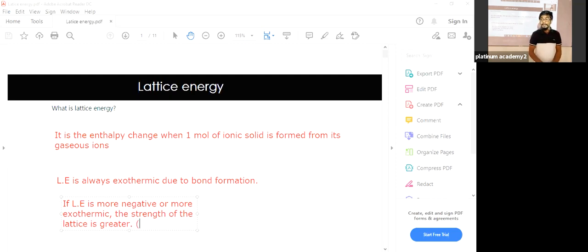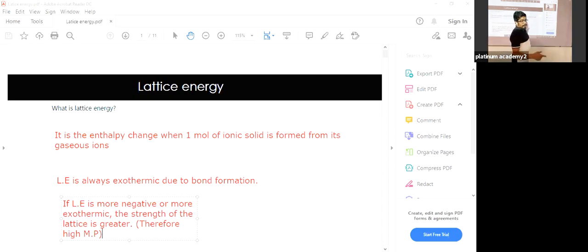In brackets, if a lattice is strong, what do you think about the melting point? Therefore, high melting point. So if a strong lattice is formed, it's always more exothermic. Delta H will be a highly negative value, which means it's strong. And if the lattice is strong, the melting point of that lattice is really high.